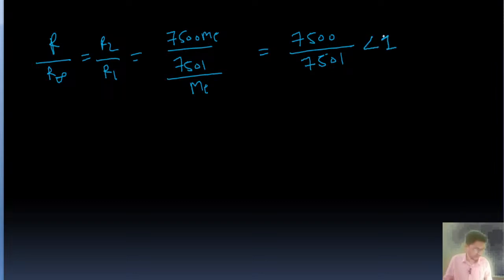Because this is a greater value. Less than 1, or this value is almost 0.99. Okay, so this is less than 1, right?